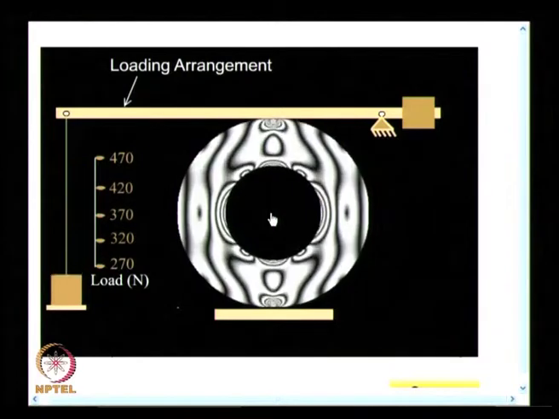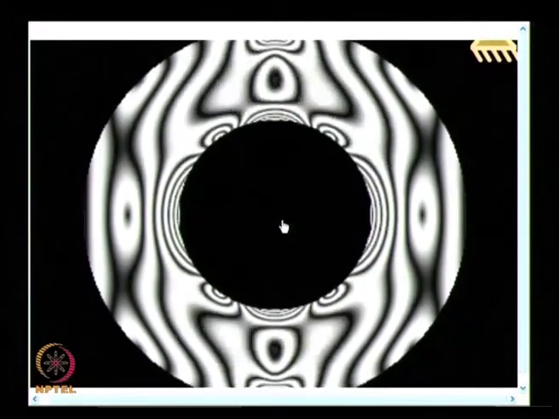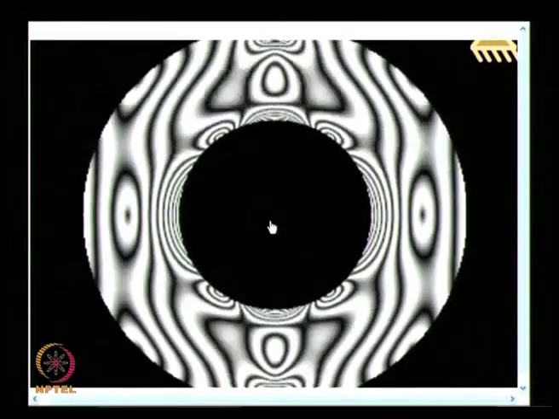And what you find here, the fringe field is very complex. Do not carry the impression from the problem of a disk under diametral compression, where the outer boundary, except at the load application point, had fringe order 0. You should not conclude that any free boundary will have fringe order 0.